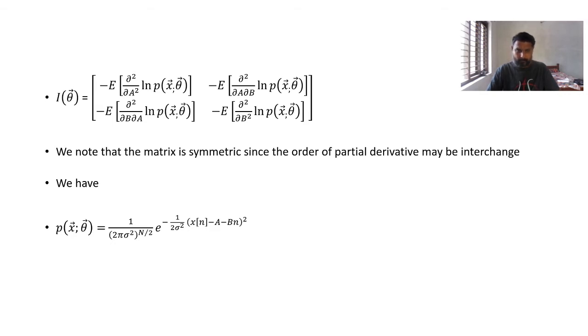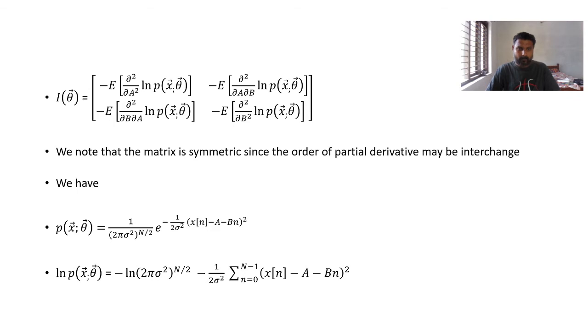Now in general I can write it in this form as ln of p of x of theta equals minus ln of (2 pi sigma square) raised to n by 2 minus 1 by 2 sigma square sum n equal to 0 to n minus 1 of x of n minus a minus b n the whole square.